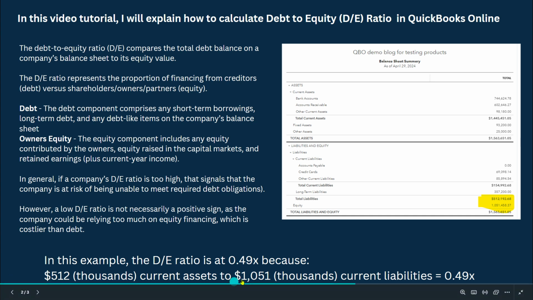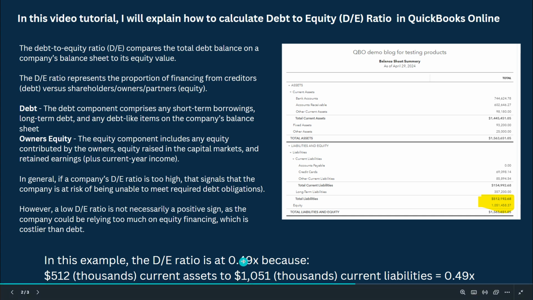Okay, so in this example, I have the balance sheet on the right side here. The DE ratio is 0.49 times. I'll go to QuickBooks Online and you'll see it in the balance sheet. In this example, the liabilities are 512 and equity is 1051, all in thousands.